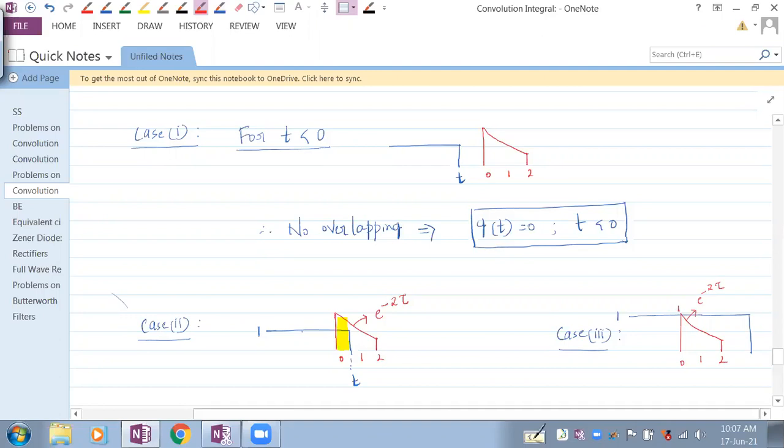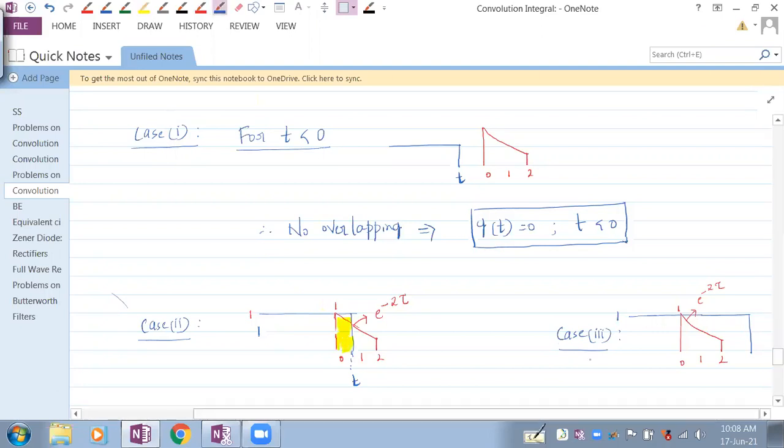I should have written this as 1 only. So both are 1s, right? So the 1 actually should come from here. Because the red signal is also 1, and this also is 1. Fine. And here is the overlapping range.